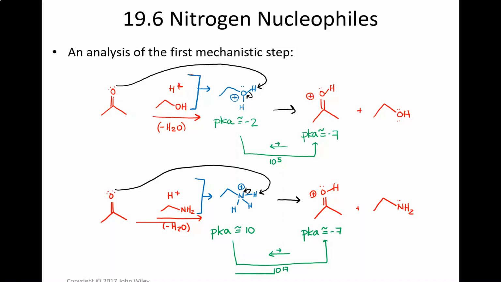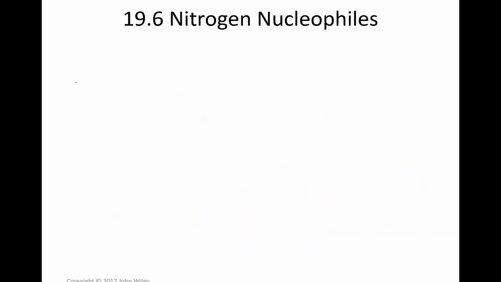So kind of draw a big box around these. These don't form to any appreciable extent because again, the equilibrium lies so far to the left that they don't form. So we're not actually going to show this as the first step in this mechanism.